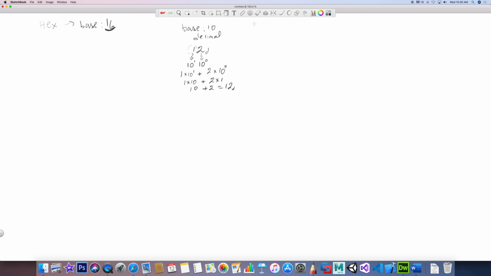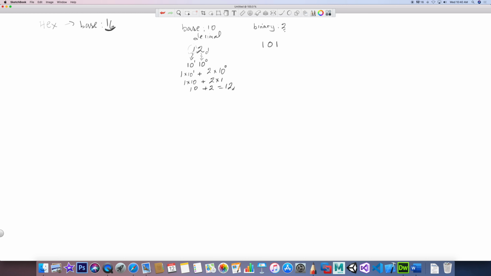Now what if we had binary? Binary, the base is 2, right? So that's the base, okay? And so let's say we had this value, 1, 0, 1 in binary. Now remember, any of these digits can only go from 0 to 1, right?